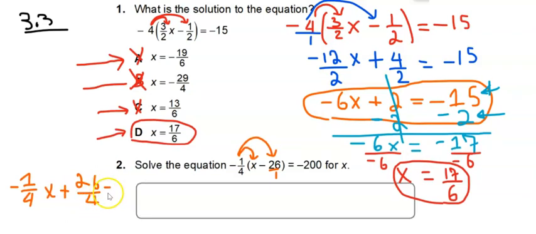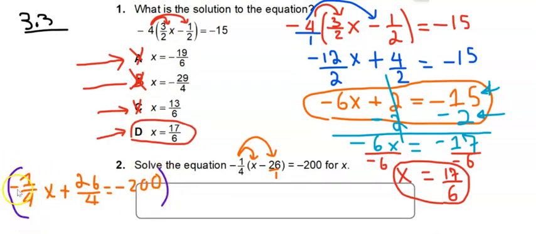And that is going to give me negative 200. So I don't like the fraction, and I don't like to subtract. If you have to, you can subtract 26 over 4 and bring it to the right side and combine it with the negative 200. I am not going to do that with this problem. Pay attention to what I'm talking about.